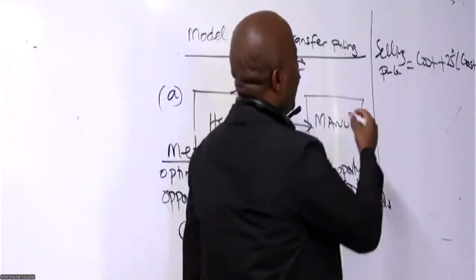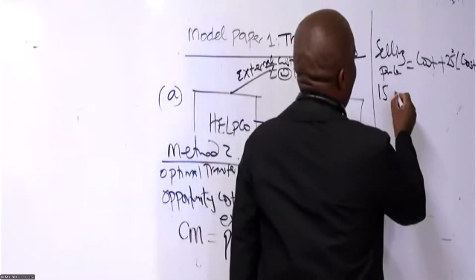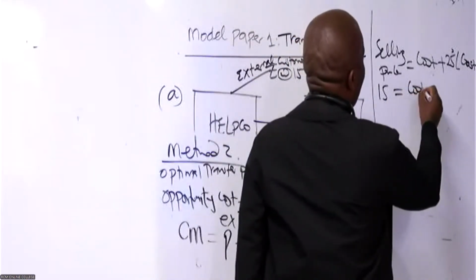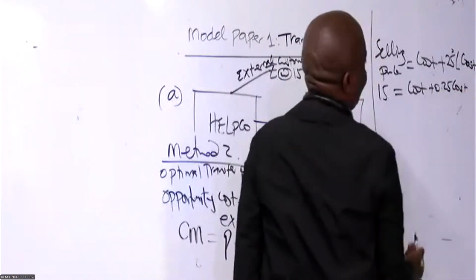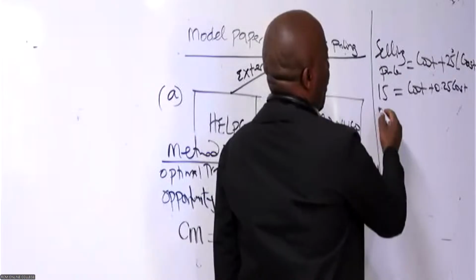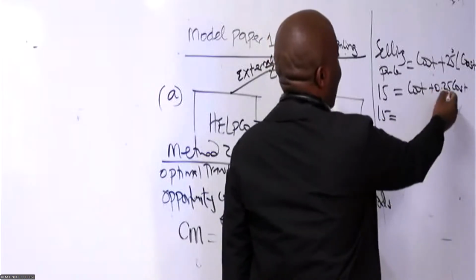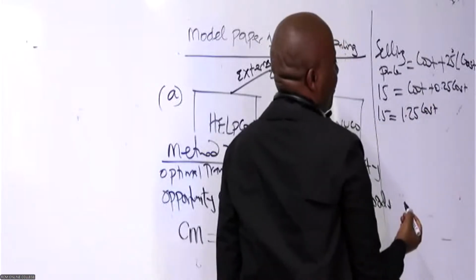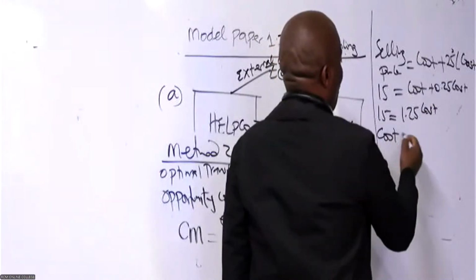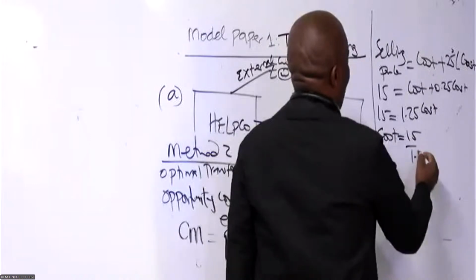The selling price here is 15. So we have cost plus 0.25 cost. So then 15 equals cost plus this, it will be 1.25 cost. Meaning that cost will be 15 over 1.25.